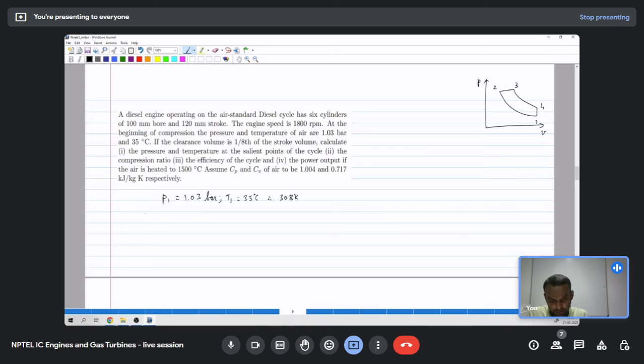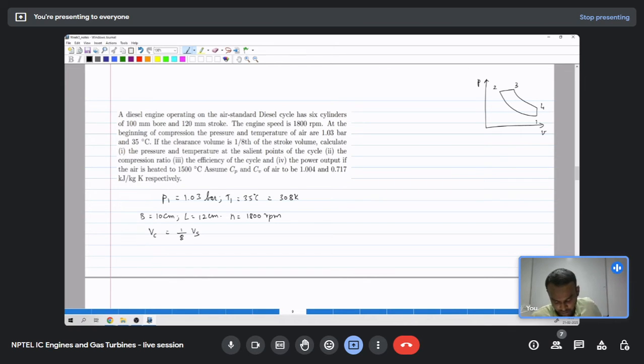The bore is 100 mm or 10 centimeter, stroke represented by L is 12 centimeter. The engine speed N is equal to 1800 rpm. The clearance volume is given as Vc is 1/8 of the stroke volume.